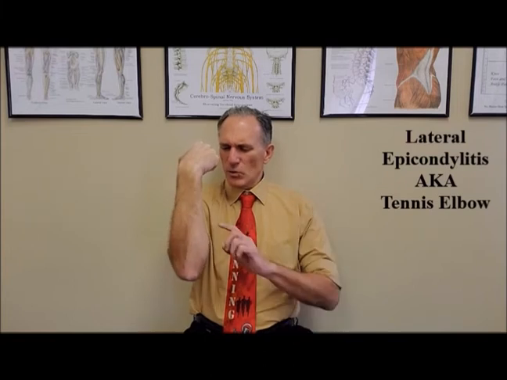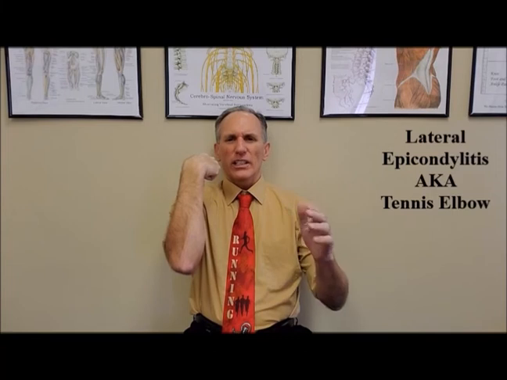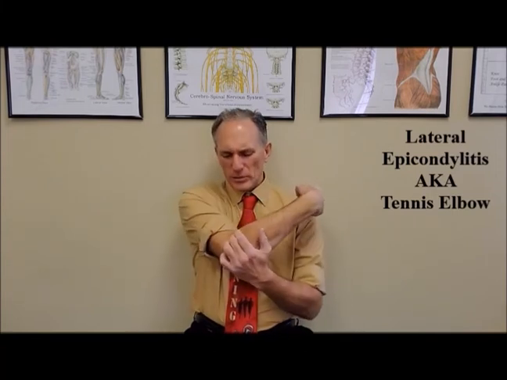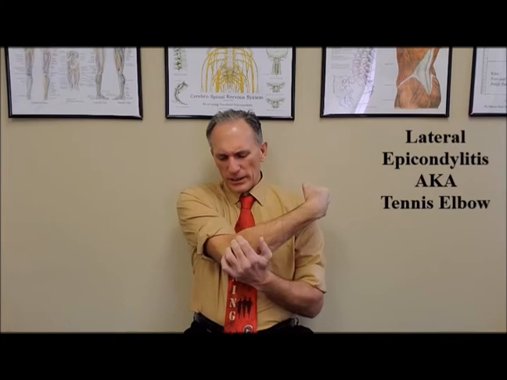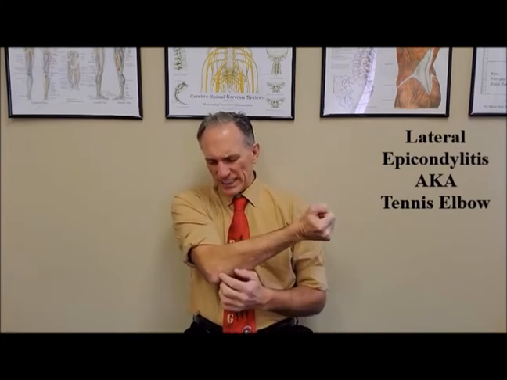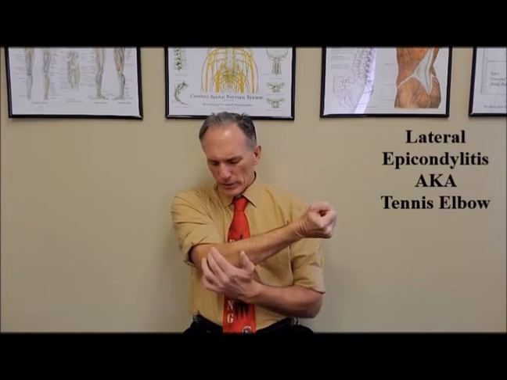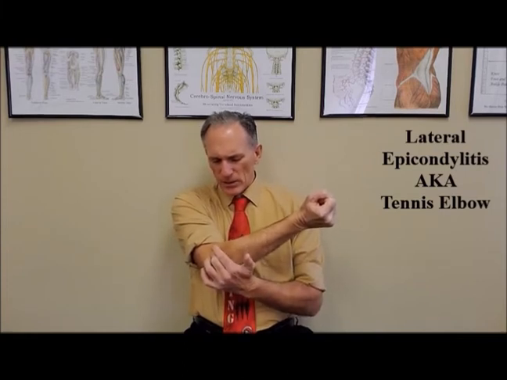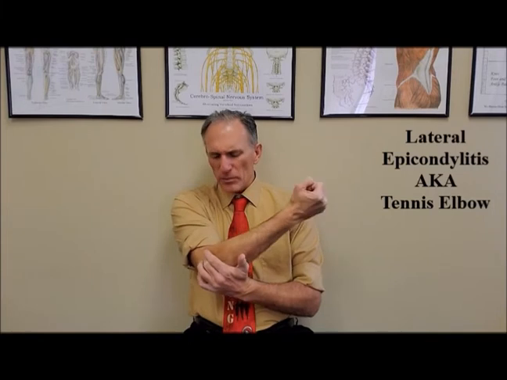You bring the right arm up so that the elbow is flexed, the forearm is supinated, and the wrist is flexed. And then you're going to take your finger from the opposite side and you are going to place pressure on the extensor muscles. Now, a good way to find where the extensor muscles are is you just extend the wrist, and you could feel where it bulges up.